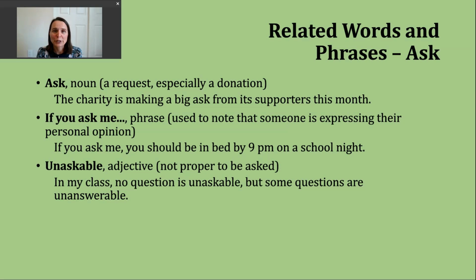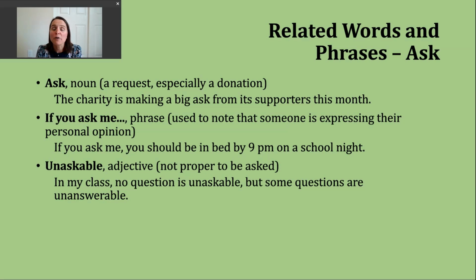The last word we're going to look at today is the adjective unaskable. Right? So as you look at that word, I hope you're noticing there's the prefix un, right, for not. So this is going to be incorporated in our meaning here. It's not proper to be asked. Okay?